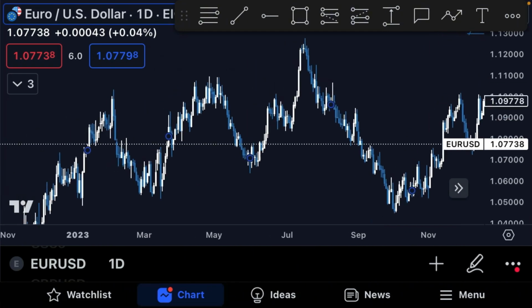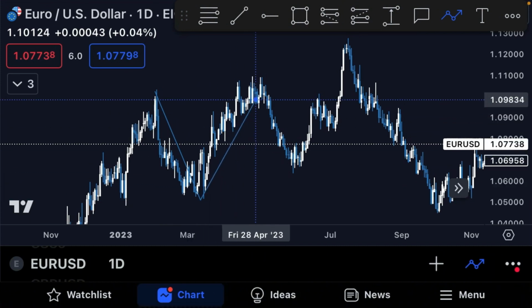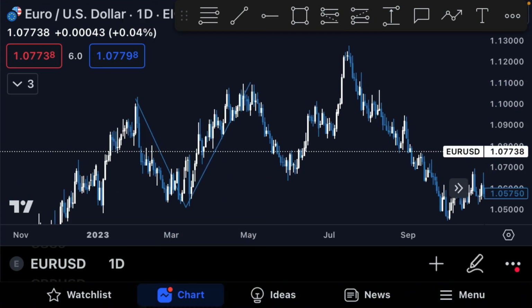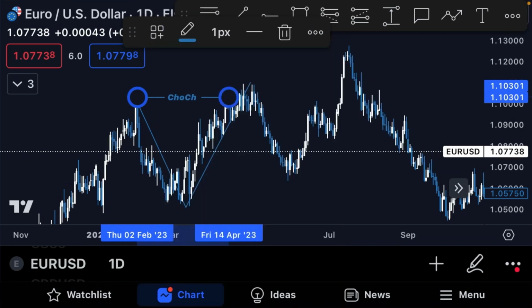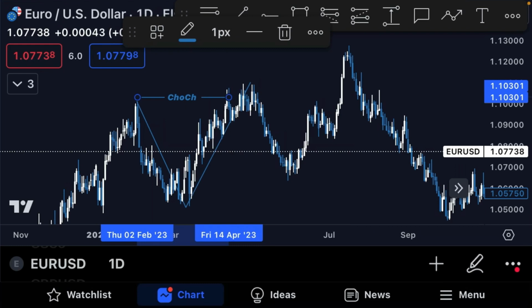Now we want to understand that this area went low and went up. This is a bullish break of structure at this point. If we're looking for a very valid reversal, we can call here a change of character, a break of structure, whatever you want to call it.